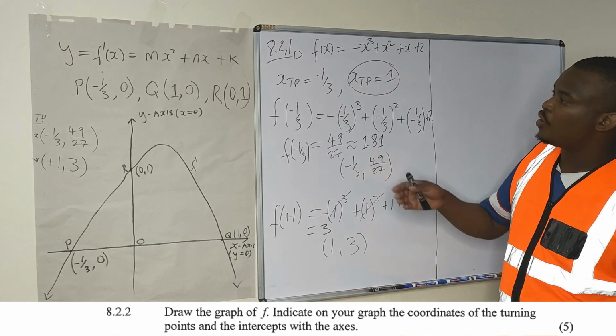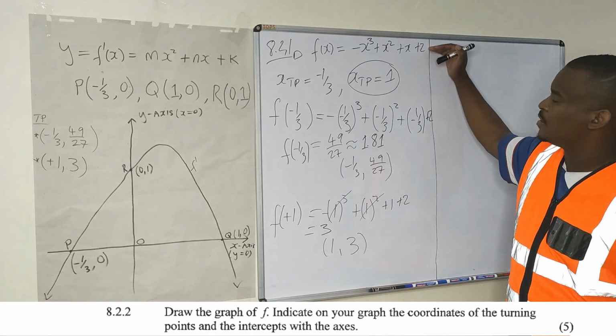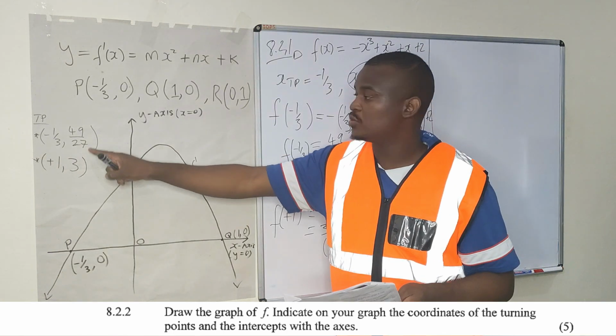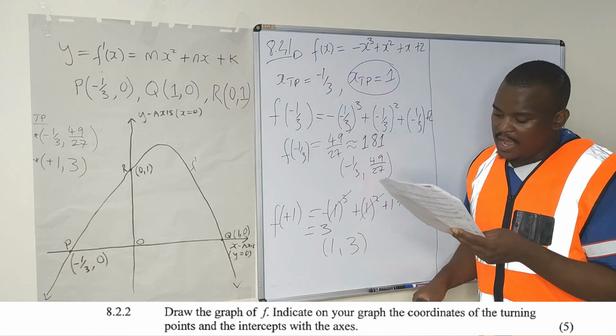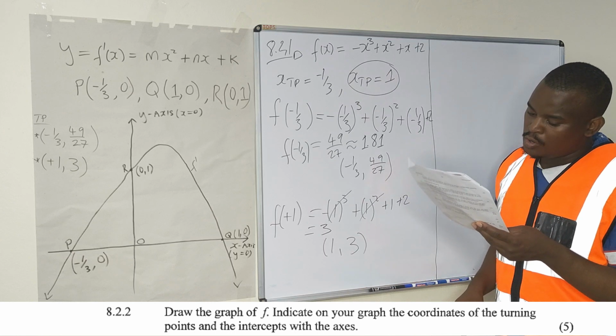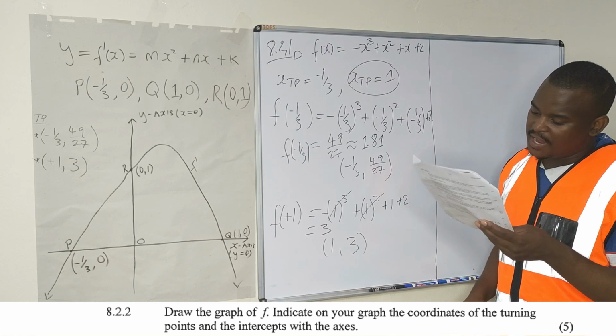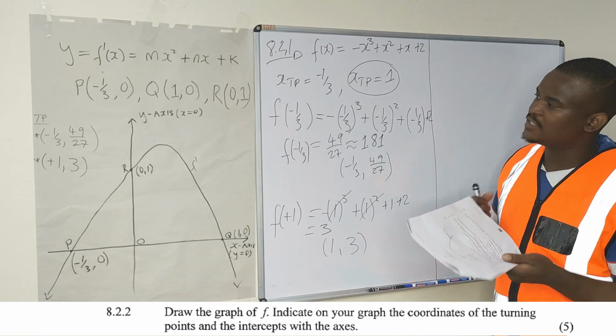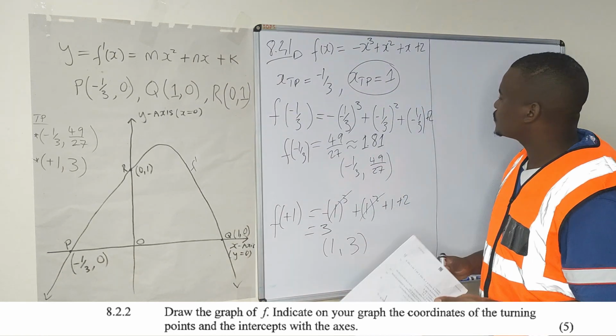So they want us to draw this function here. They want us to show the turning points, which we have found already, and they want us to indicate the coordinates of the intercepts to the axis.